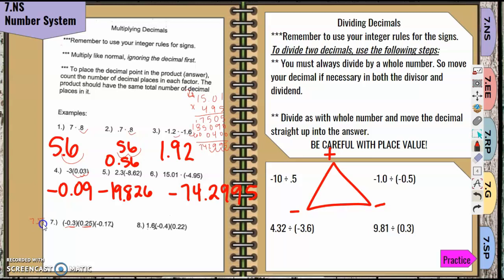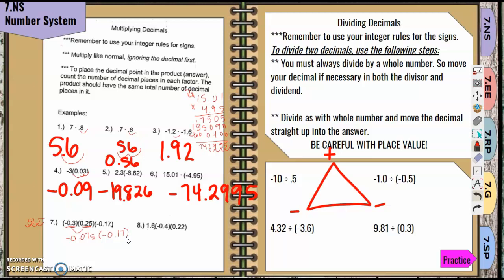And there are 3 decimal places. So this is negative 75 thousandths times negative 1700. So negative times a negative is a positive. My answer is going to be positive.